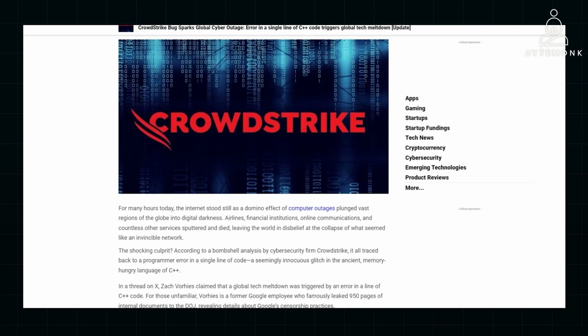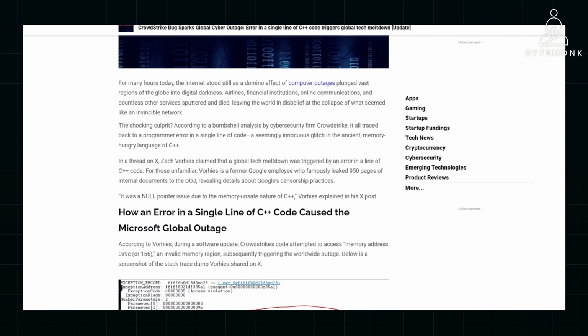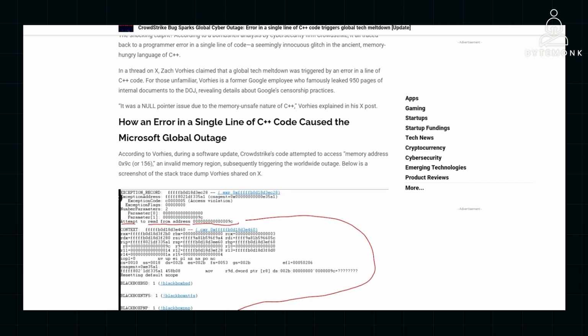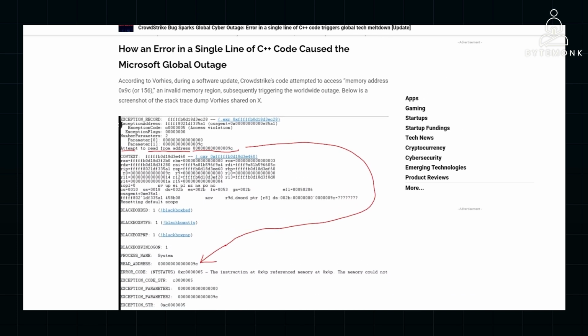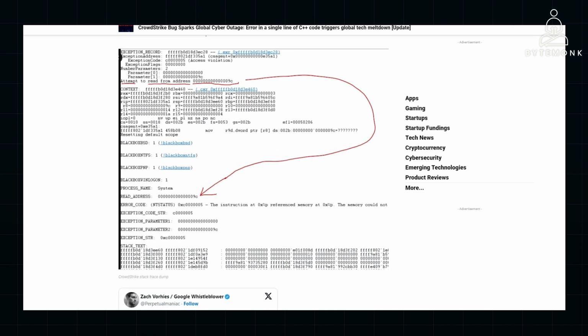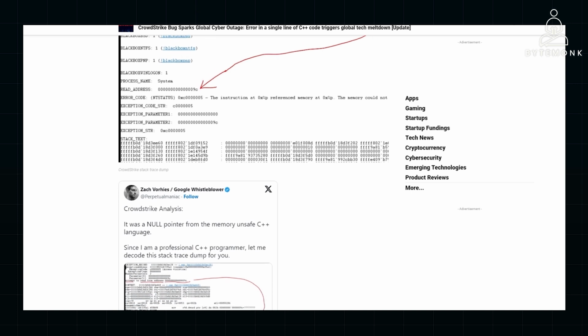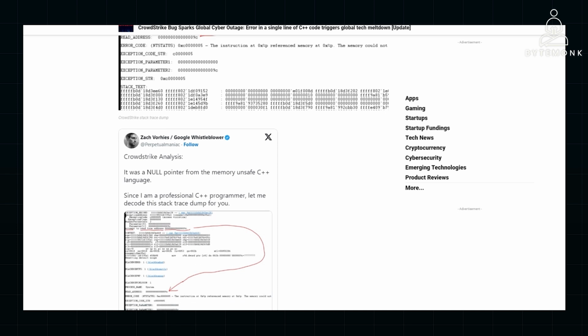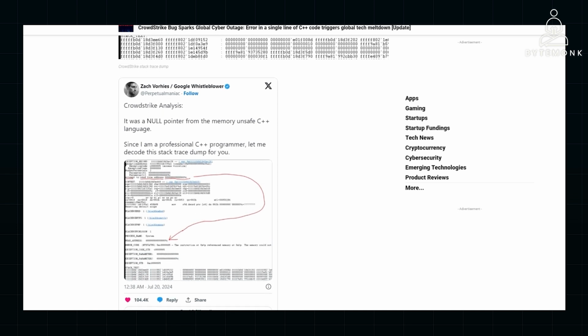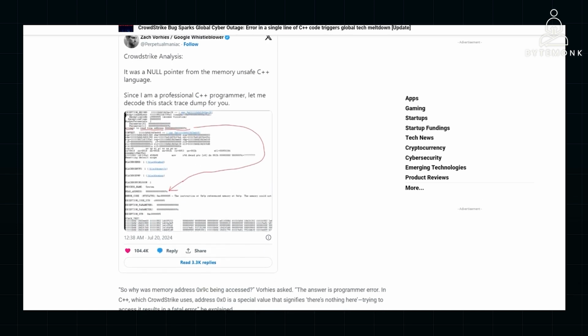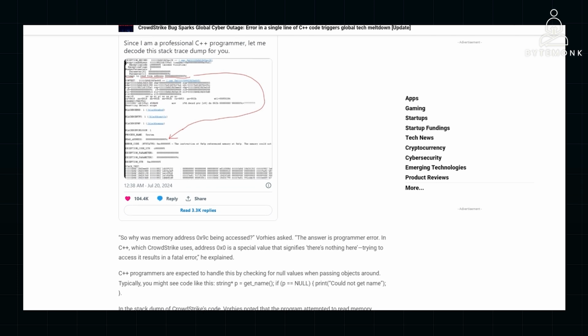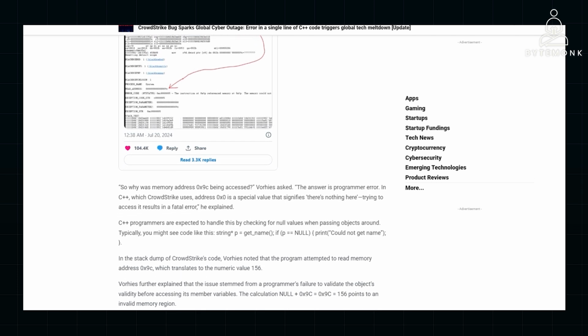A C++ programmer's initial online analysis of the CrowdStrike incident went viral. This attributed the crash to a simple null pointer error, a common coding mistake easily preventable with an if statement. However, the subsequent investigation by a security researcher revealed a more complex issue. The driver code was reading pointers from a table, some of which were invalid, due to potential parsing errors in a configuration file.